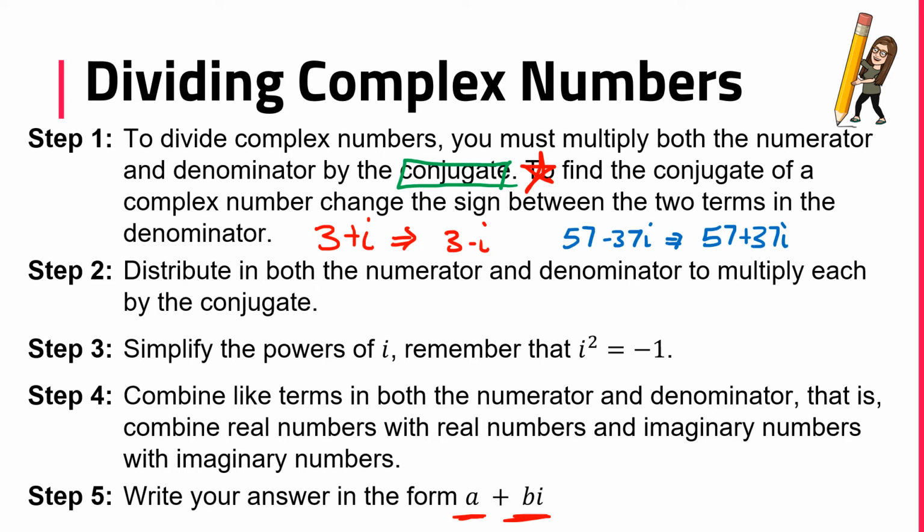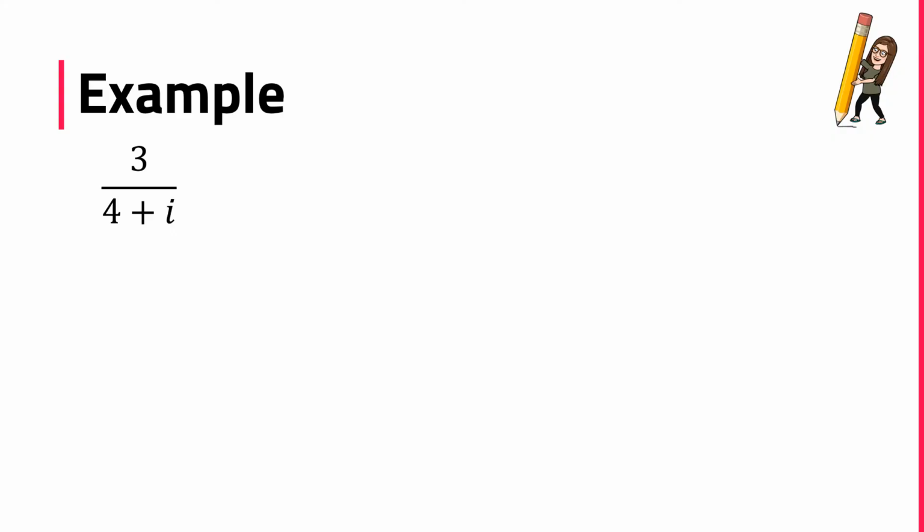All right, let's put these steps to work. Here is my first example. Step 1, we want to find the conjugate. Okay, the conjugate of this denominator is 4 minus i. Step 2, we're going to multiply the numerator and the denominator by the conjugate.